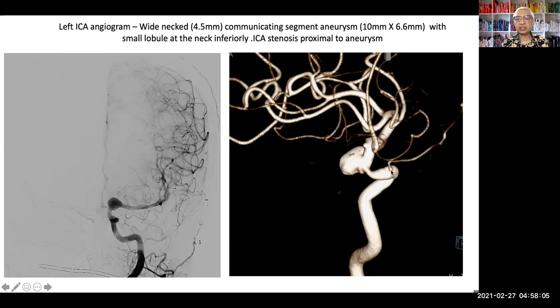You can actually see this is the ophthalmic artery taking off from here, a very tight loop, and then there is a narrowing just as the vessel enters the dysplastic segment, which in turn gives rise to this large aneurysm here. There is a daughter aneurysm at the base or close to the neck. The vessel beyond it again shows little bumps and again is dysplastic.